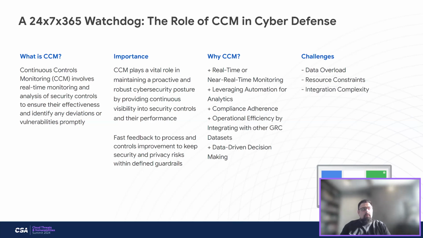CCM plays a vital role in maintaining this proactive approach and validating the security posture, and we'll talk a little bit further in the slides about the maturity cycle and how the IOAs and IOCs dovetail quite nicely into the way that controls should be monitored, by providing some foundational elements to establishing the types of signals that should be collected, considered, and assessed as part of that effort.